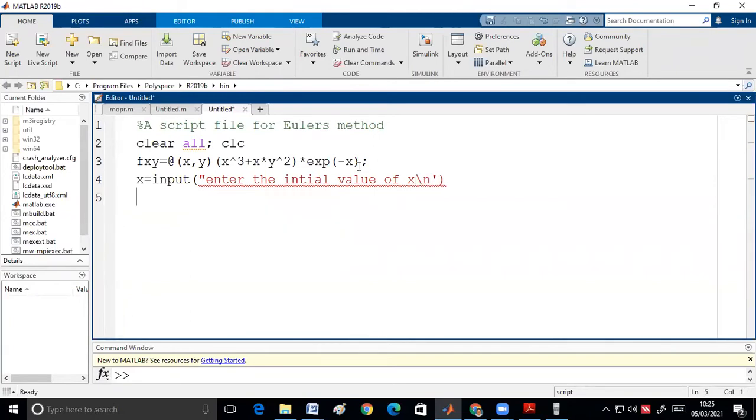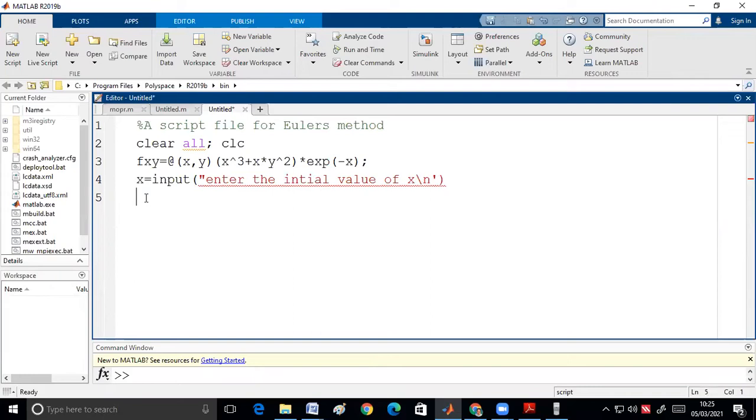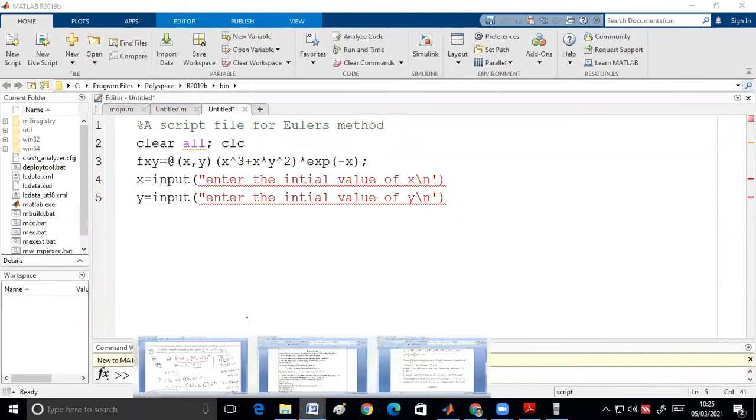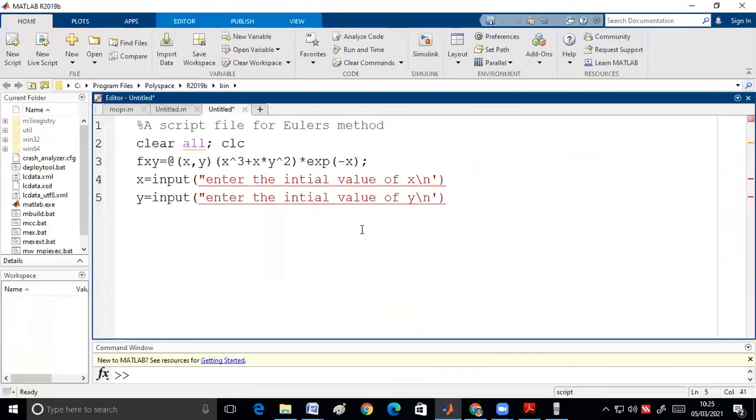Now y value in the same way, initial value of y. Now what is the next one? The next value is h. Now give the h value.